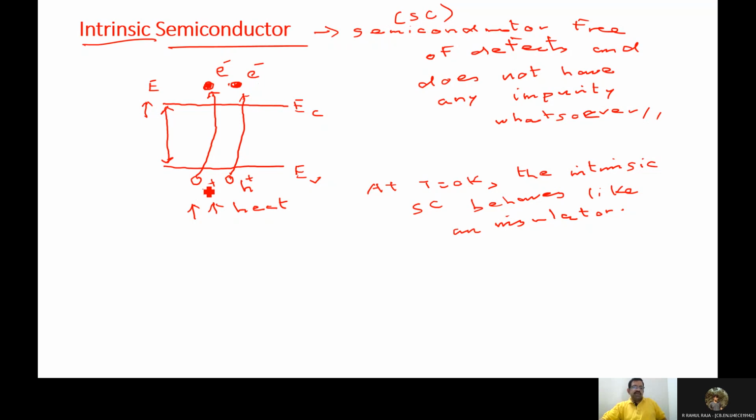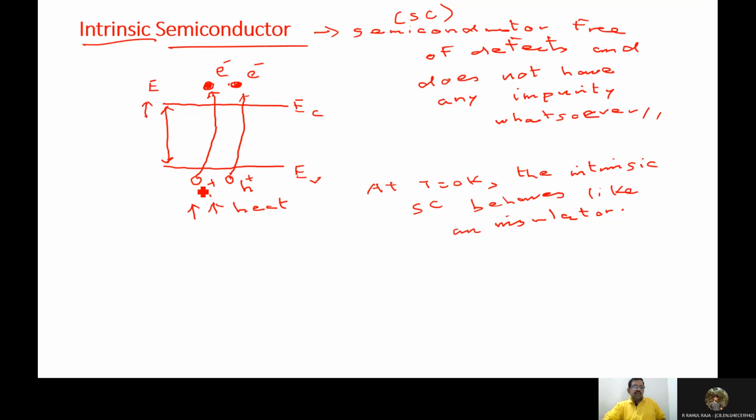Now you must remember, this was earlier filled. Now because of the supply of heat energy, the electron has hopped. So a hole is nothing but a charge carrier created in the valence band as a result of an excitation of an electron to the conduction band through the application of heat.